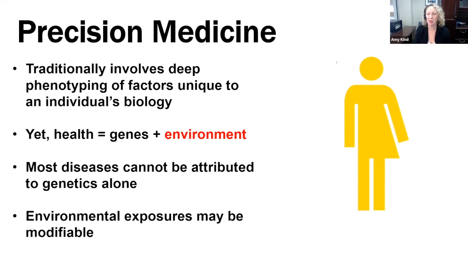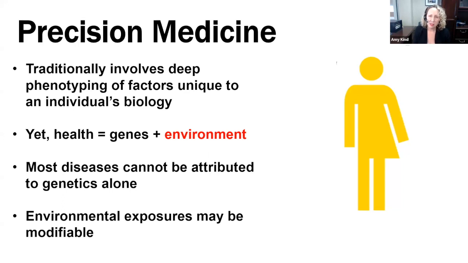disease for many. Yet we also know from your fundamental biology classes that you may have taken early on in your career that health is not just the sum of our genes. There are some diseases that are primarily genetics based, but the vast majority of diseases include factors that involve both genes and environment. And yet in the field of precision medicine, these types of environmental factors are less often included when we try to predict risk or to design therapies.